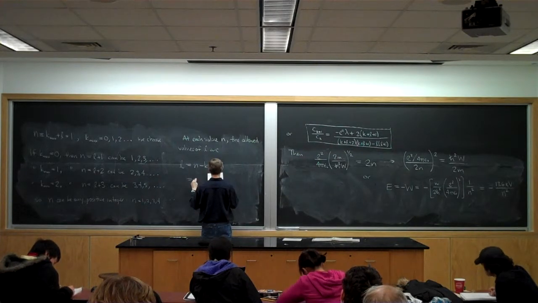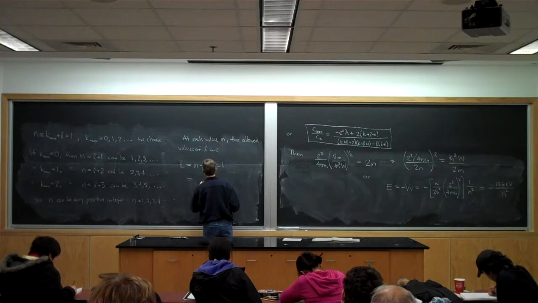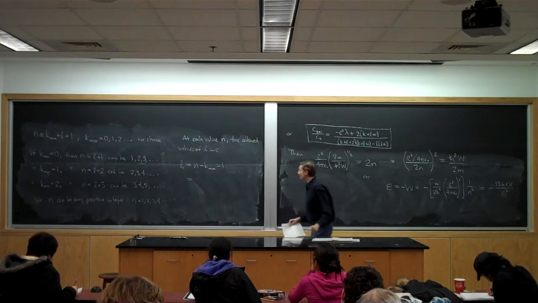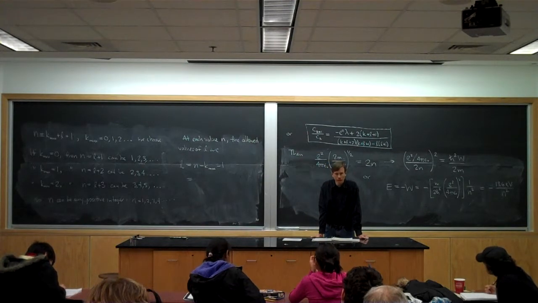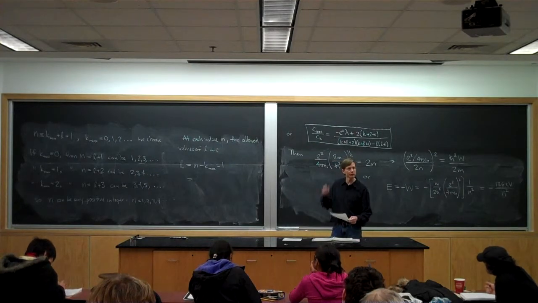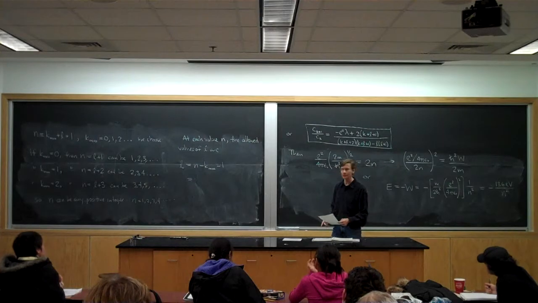So what will we start with? What's the smallest possible value of k max? 0. K max could be 0. C0 might be the only non-zero coefficient in our power series.